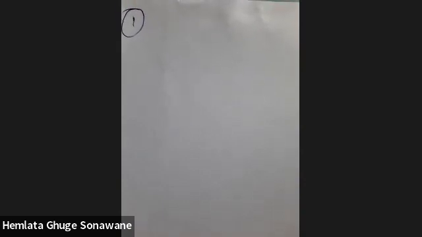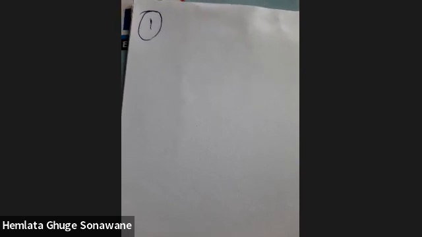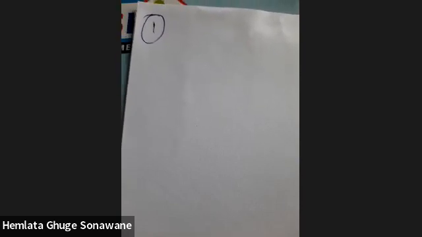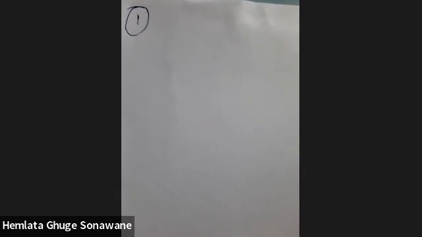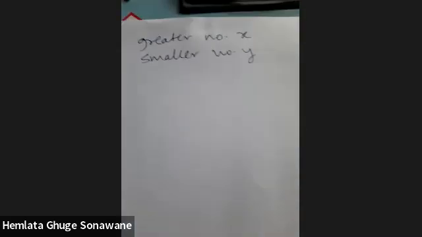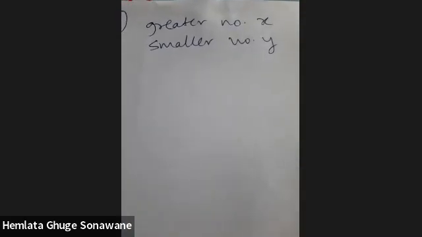If the greater number is divided by the smaller number, then the quotient is 2 and the remainder is 19. Then find the numbers. Now here we have to mark our variables as greater number and smaller number. Suppose we are taking the greater number as x and the smaller number as y. Okay, these are our variables.